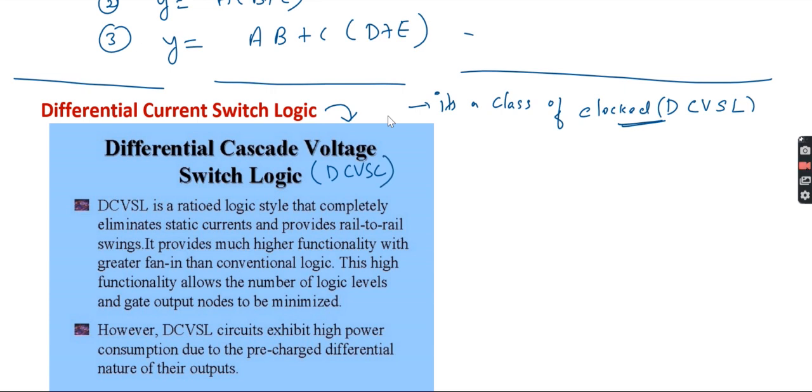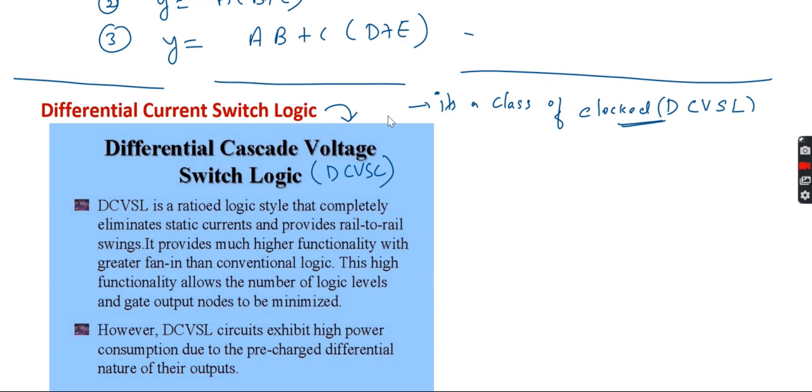This will charge circuits. This will be a generic method that will be applied to the clocked DCVS. DCVS means differential cascode voltage switch. It helps to reduce the internal load voltage swings.